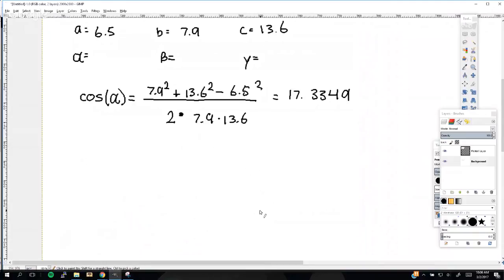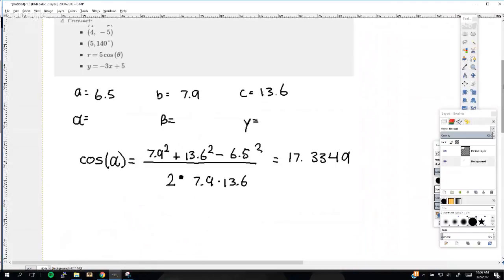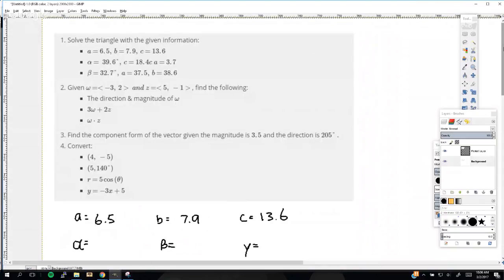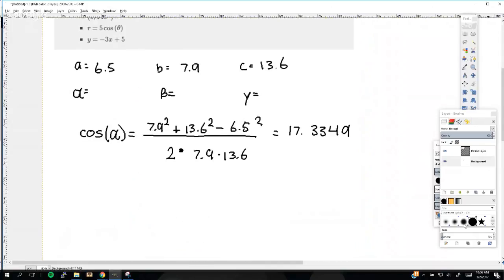Oh no. Yeah, it gave me the decimal again.